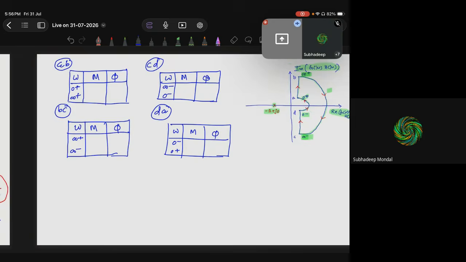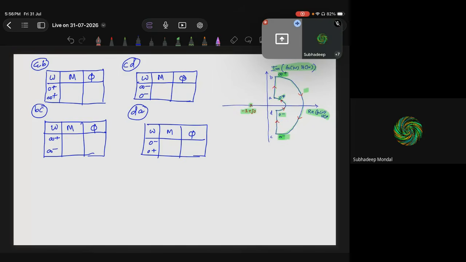So now let me write the magnitude. What is the magnitude we have here? K root over omega square plus 4, divided by root over (1 minus omega square) whole square plus 4 omega square.